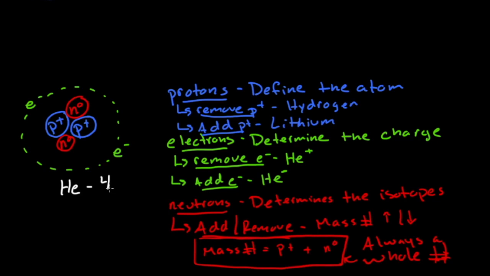Another way that we could write this would be like this. If we said that we have He here, and I put a 2 here, and I put a 4 up here. And this 2 right here would represent the number of protons, also sometimes called the Z number. So this right here is going to be my Z number, and this 4 over here would be my mass number, sometimes also called an A number. So here's my Z number there, and here's my A number there.